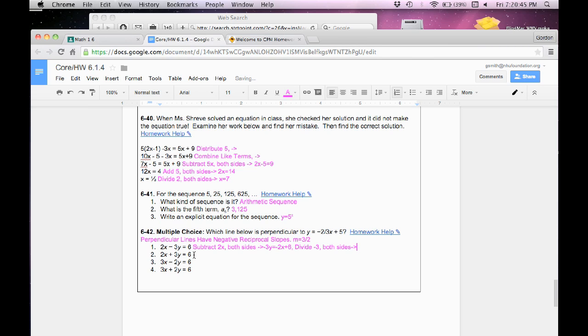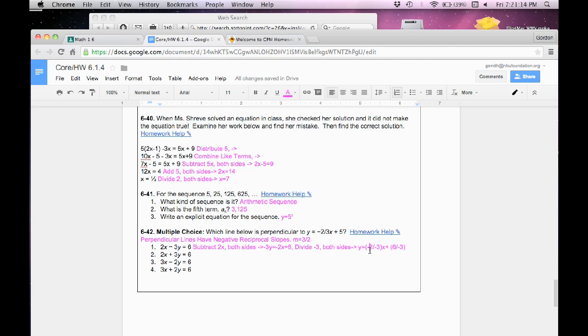And what that's going to get us is y equals, watch this, negative 2 over negative 3 x plus 6 divided by negative 3. Okay. If we take a look at this slope, we have negative 2 over negative 3.